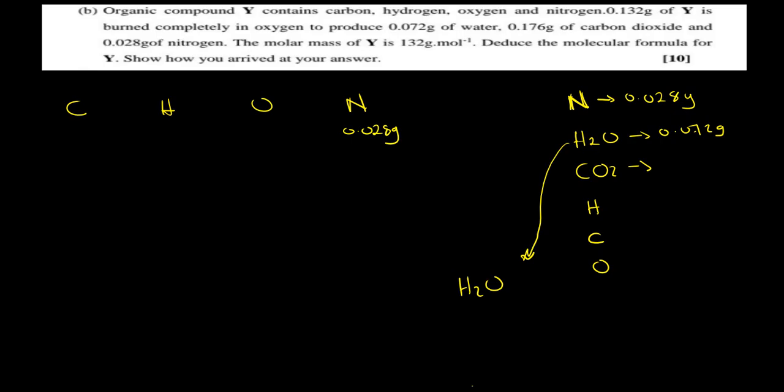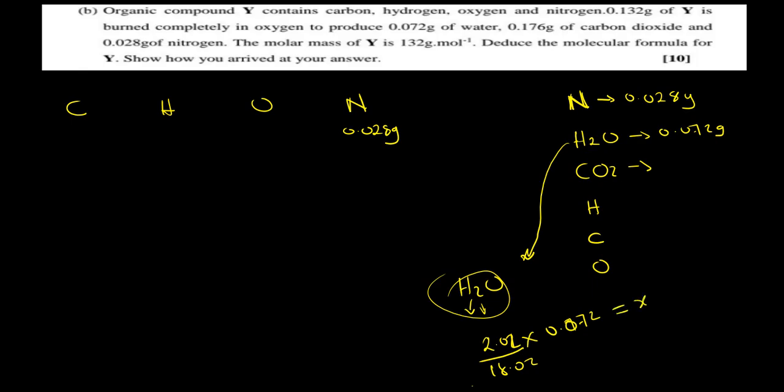So we are saying this one had 2, so we get the molar mass of hydrogen, 1.01 times 2, which is 2.02, over the total of 18.02, times 0.072.